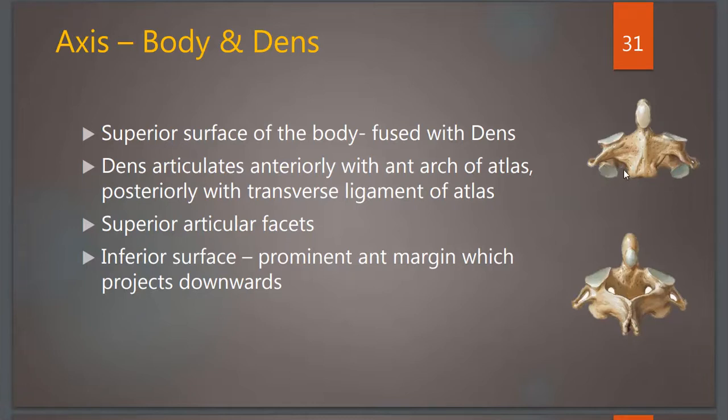Inferior articular facets will be articulating with the C3 vertebra to form the intervertebral joint between C2 and C3. These are the prominent areas. We have margins which are quite sharp and projecting downwards.